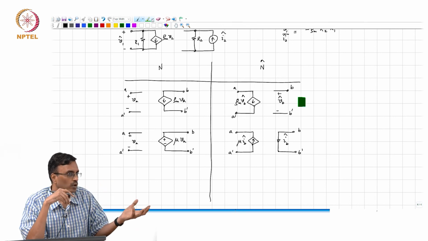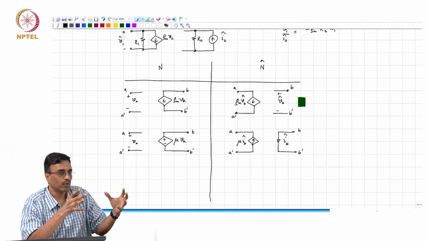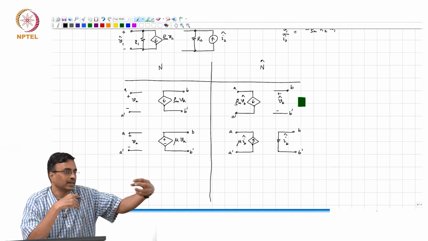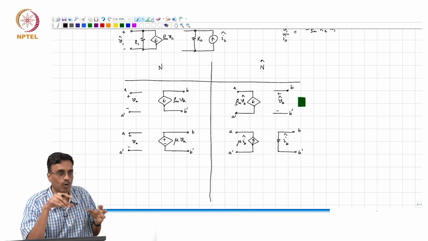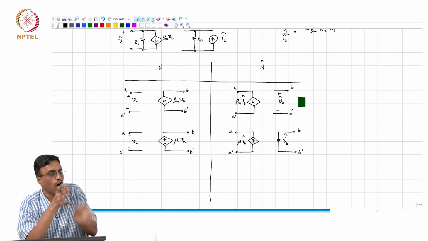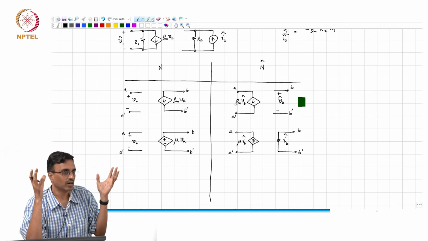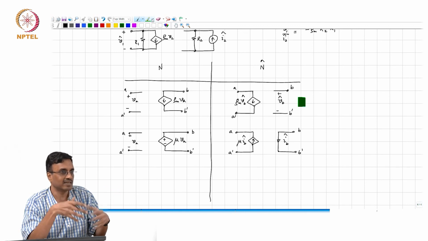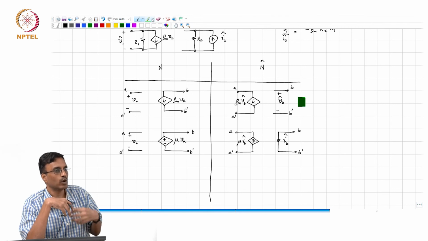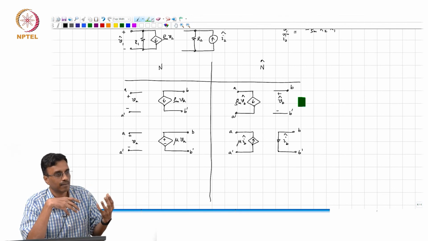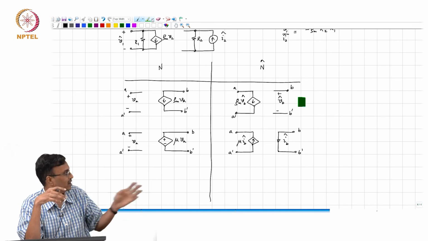All that we are going to do, as we will show in the next class, is that we have this original network with control sources. We want to find the transfer functions from multiple sources to one output. What we are going to do is to form this new network, that is still in our heads. It need not be done in practice. This is just a technique for computation and determination. We create something where all the control sources are flipped as per our recipe.